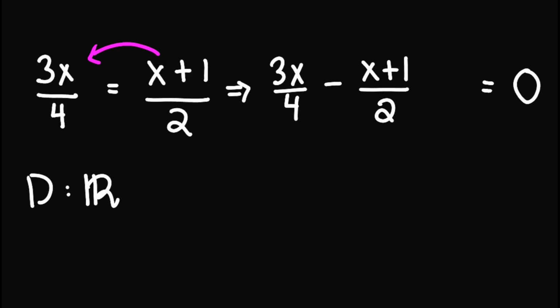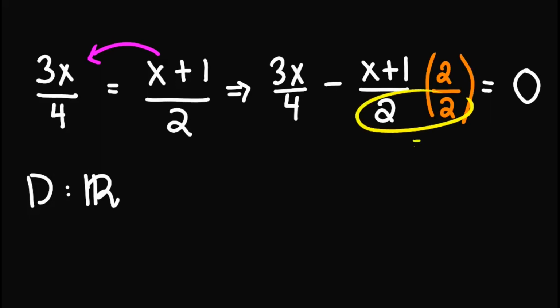And from here, our goal is to make the denominators the same. So what we can do is multiply 2 over 2 out here. By multiplying 2 over 2, this one out here becomes 4. So they are already rational expressions with similar denominators.